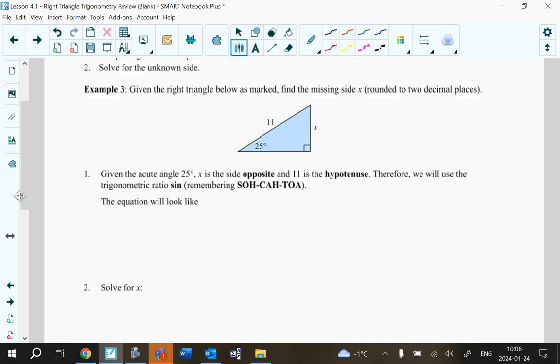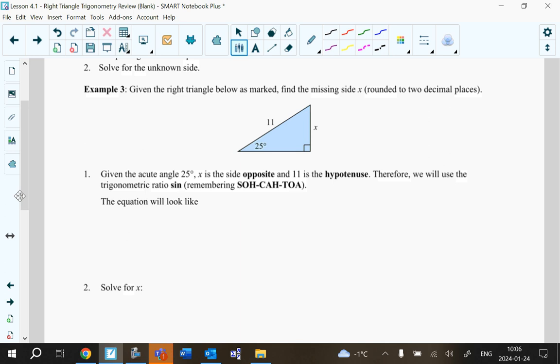So if I'm dealing with this side, and I'm asked to find this side, what is this side in relation to this angle called? Opposite. What is this side called? So according to SOHCAHTOA, I use sine.